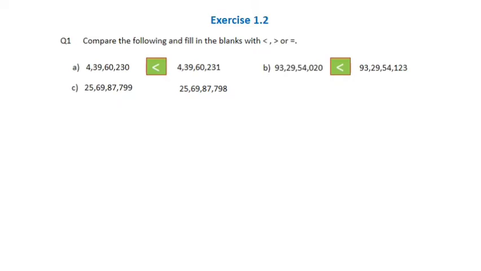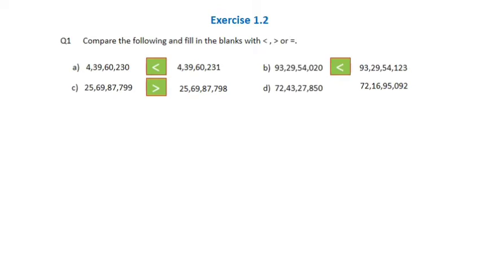If you see 7, 7, 9, 9 and the ones place is 9 here, the ones place is 8 here. That means 9 is greater than 8. That means 25 crores 69 lakh 87,799 is greater than 25 crores 69 lakh 87,798.